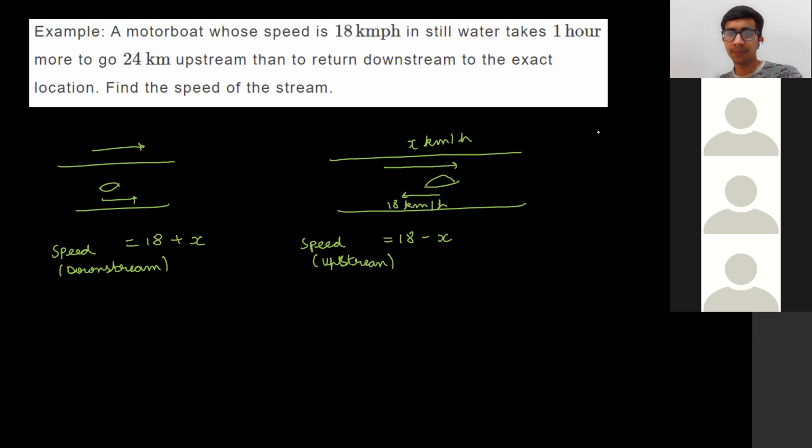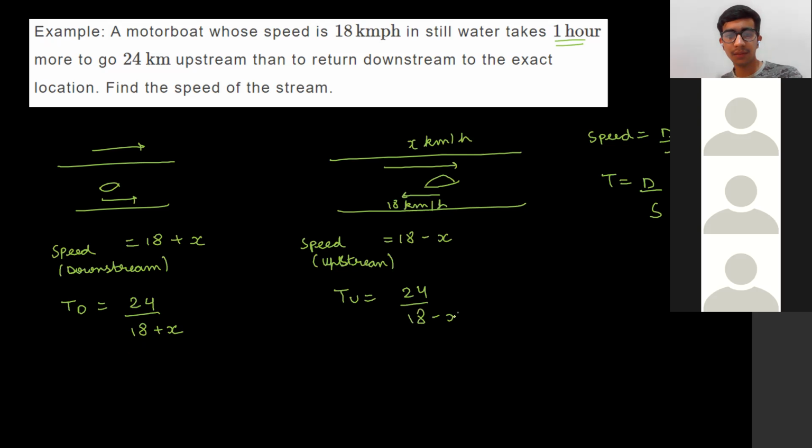Yes, sir. Speed is distance upon time. Since we have our condition in terms of time, I can write time is equal to distance over speed. So time downstream, which I am writing as TD, will be equal to 24 over 18 plus x. And similarly, time upstream will be equal to 24 over 18 minus x.